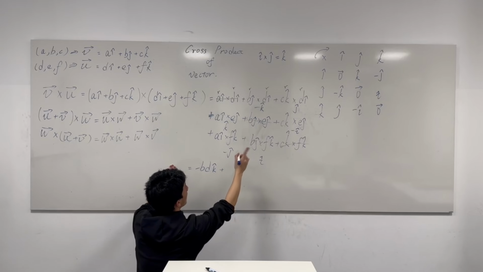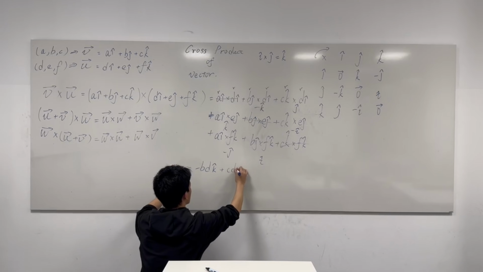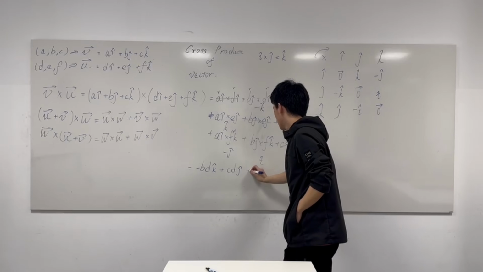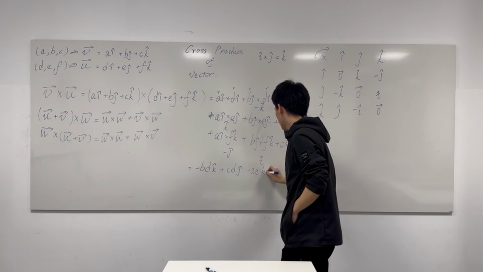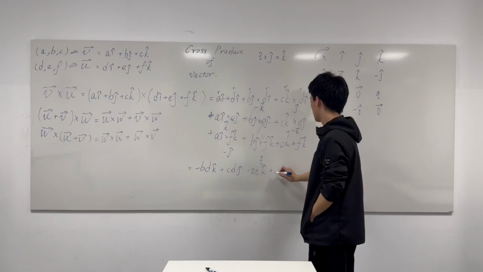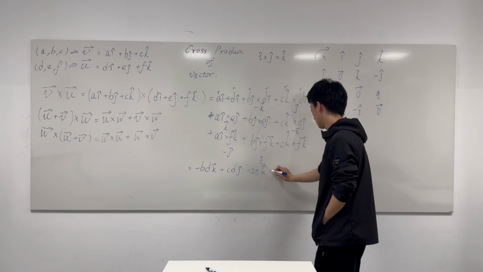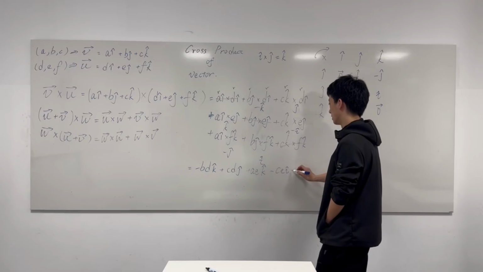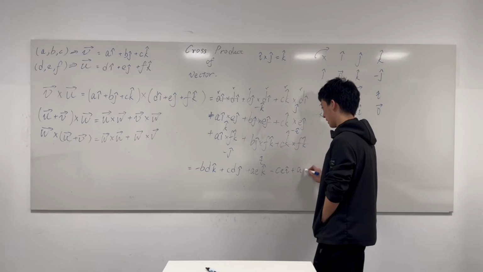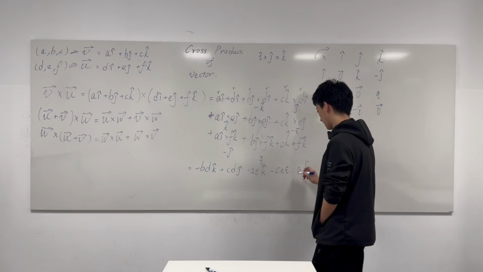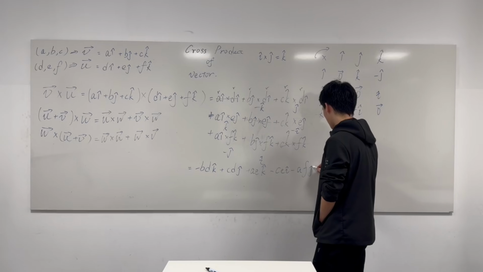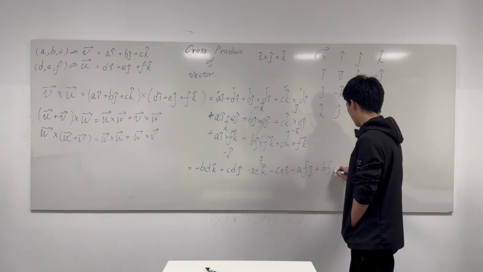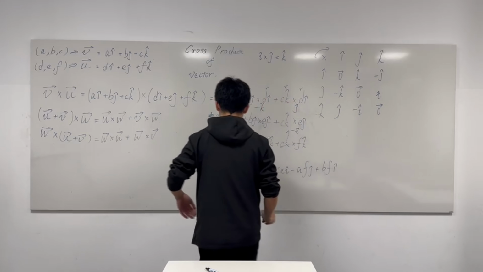After we simplify, we get negative BDK plus CDJ plus AEK minus CEI hat minus AFJ hat plus BFI. Let's continue to simplify.